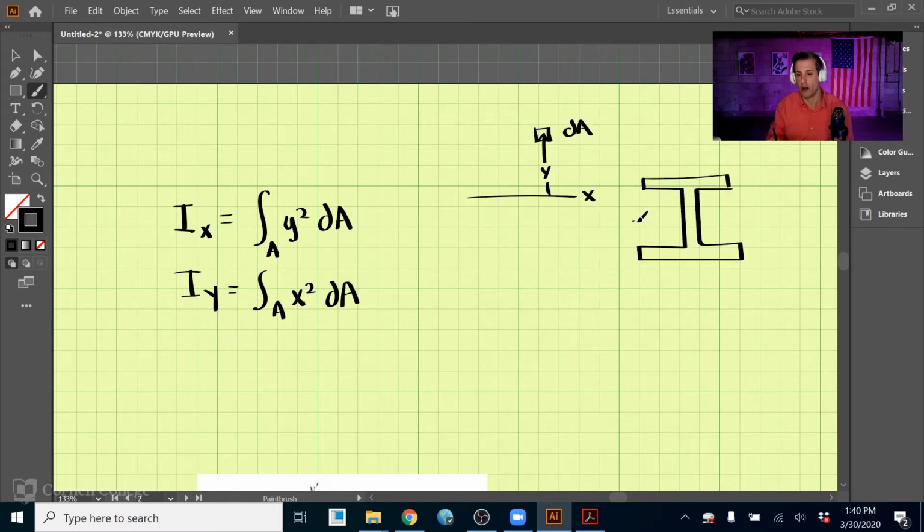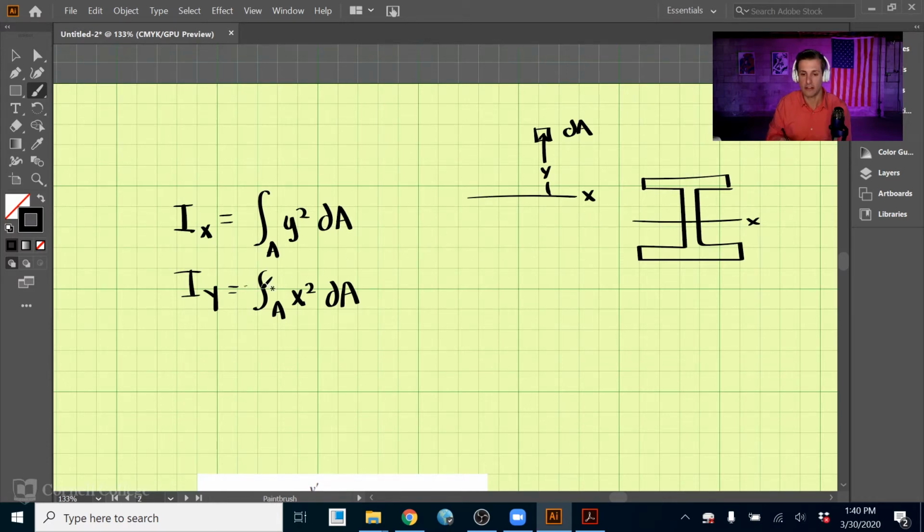Because if we draw our x-axis right through the middle here, there's a lot of area up on the top and bottom a long distance away from the x-axis. All right, so that's why it has a big moment of inertia.